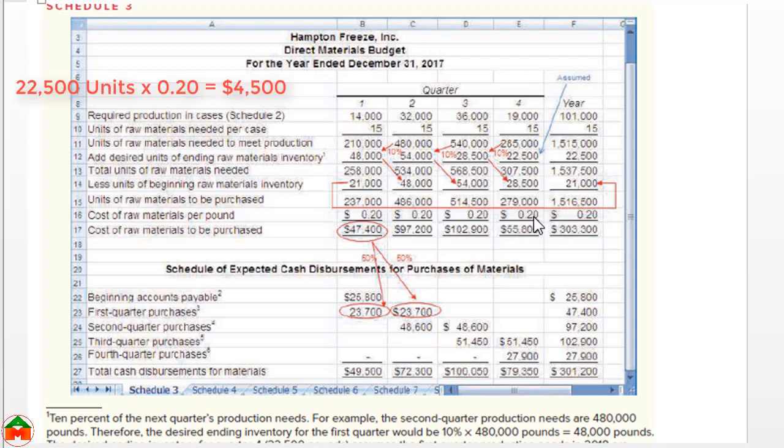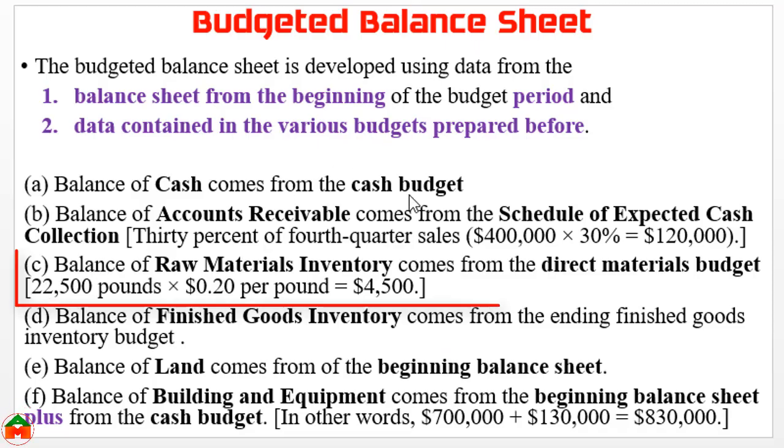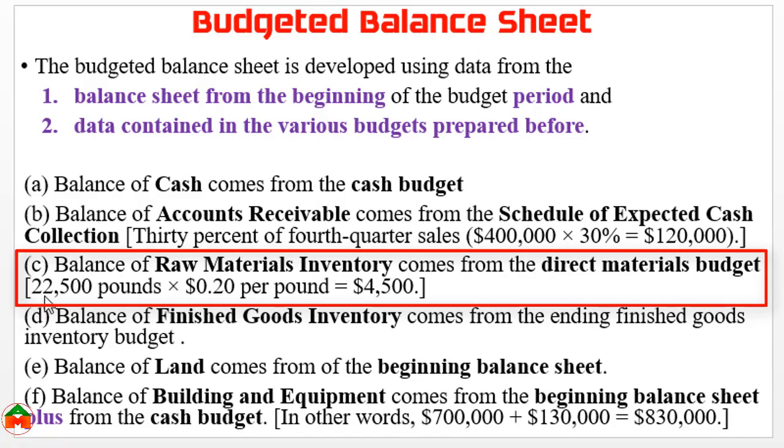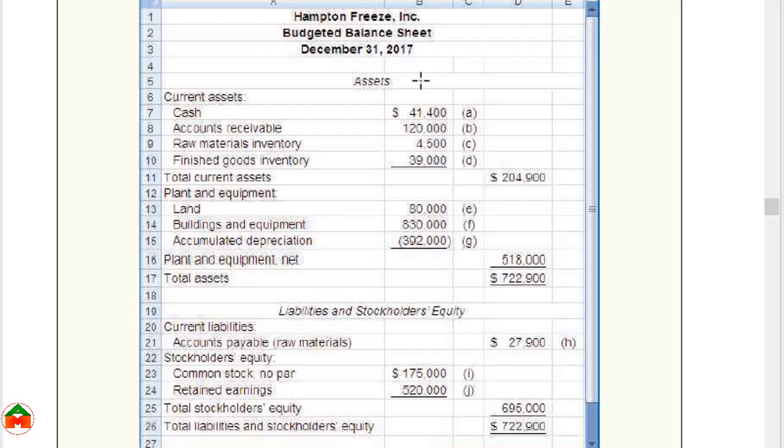If we multiply this closing 22,500 pounds with the cost per pound, I mean 0.20, we will get the raw materials inventory balance, which is 4,500. So in the budgeted balance sheet, our raw materials inventory balance would be 4,500.